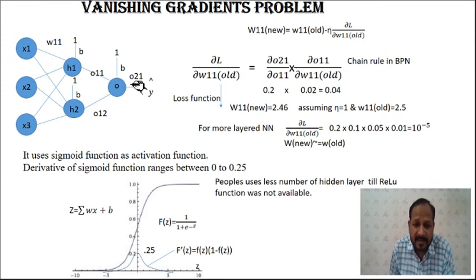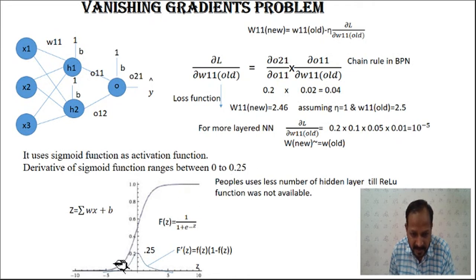Then what is the value of the derivative? All the neurons H1, H2 and O use the sigmoid function as the activation function. The derivative of the sigmoid function ranges between 0 and 0.25.